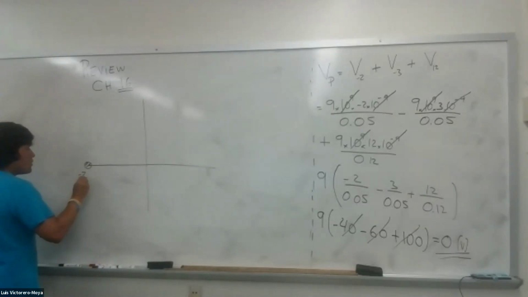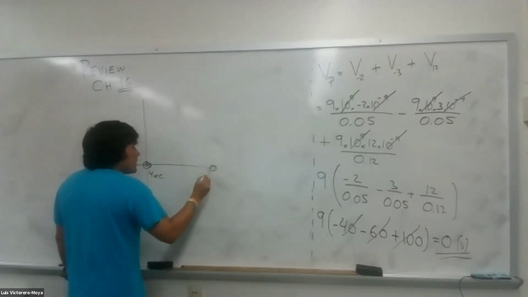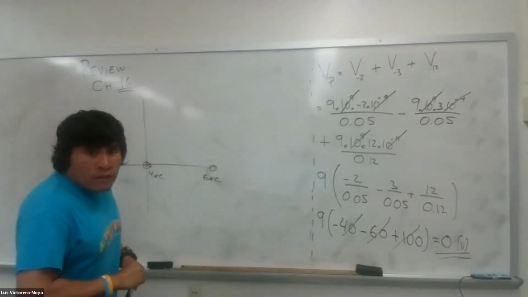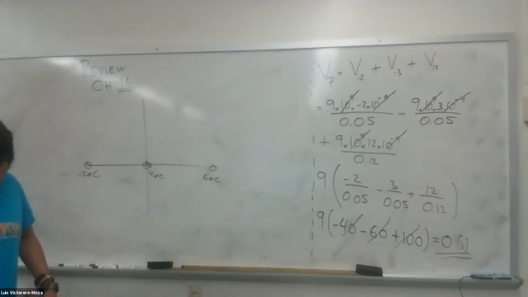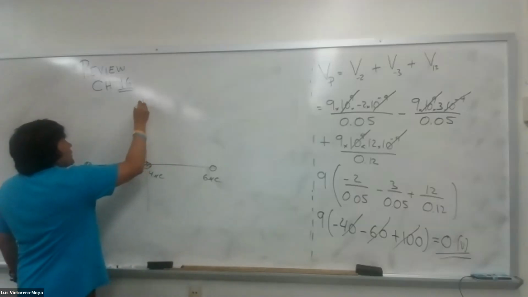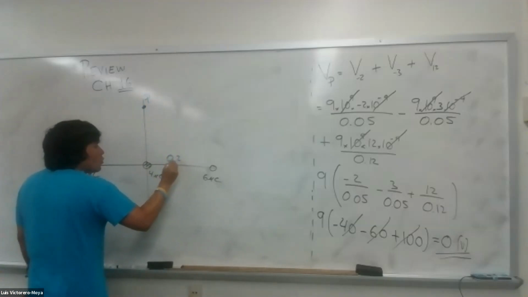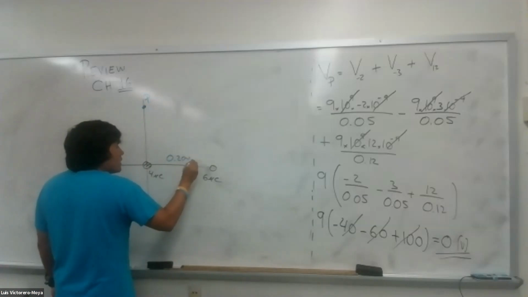So -2 microcoulombs, 4 microcoulombs, and 6 microcoulombs. And all the distances are 0.2 meters. So I have the point here, P, and this is 0.200 meters.